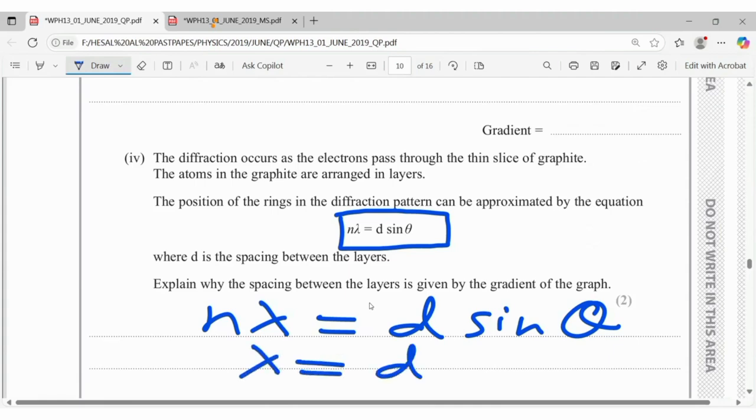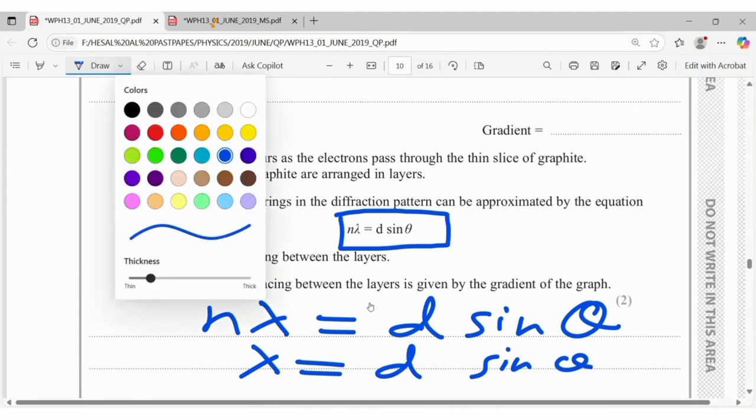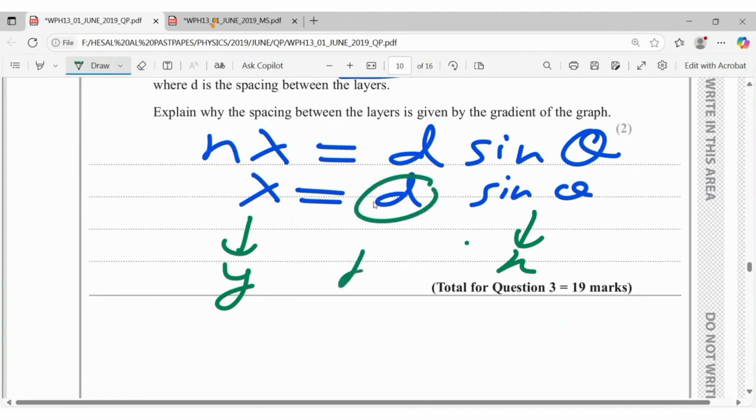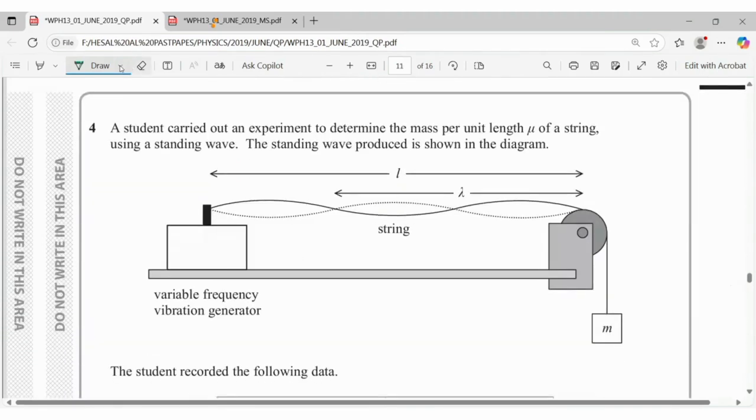Now I am going to match this to the y equals mx graph. Here my x-axis, my y-axis. Earlier we drew the graph, so this same gradient gives that.